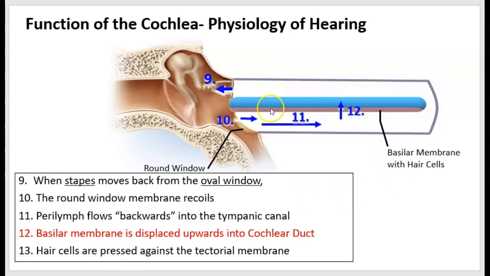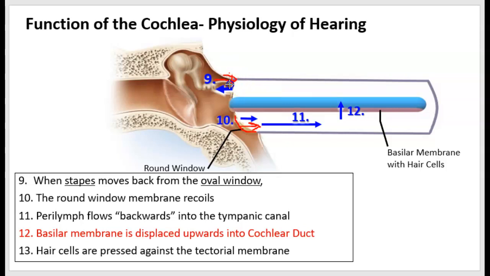So the recoil happens in part just because this round window will recoil back into the tympanic canal, but also because the stapes doesn't press continuously forward into the vestibular canal.